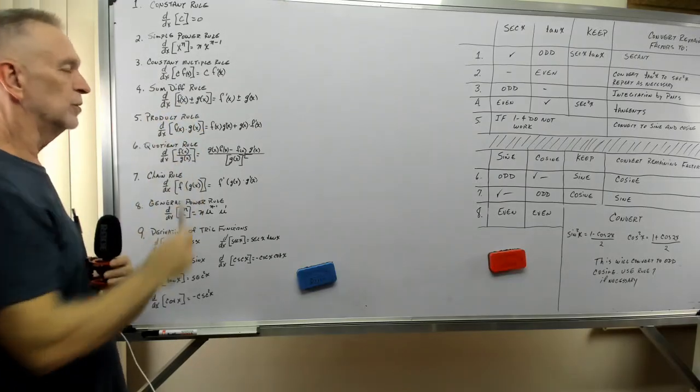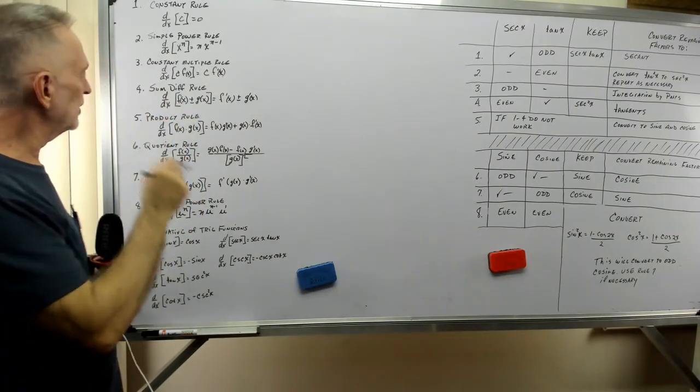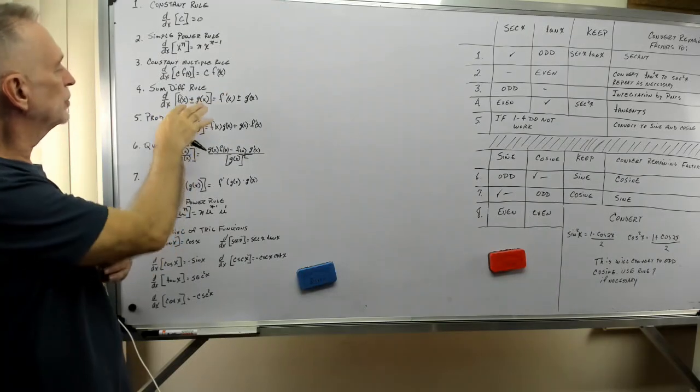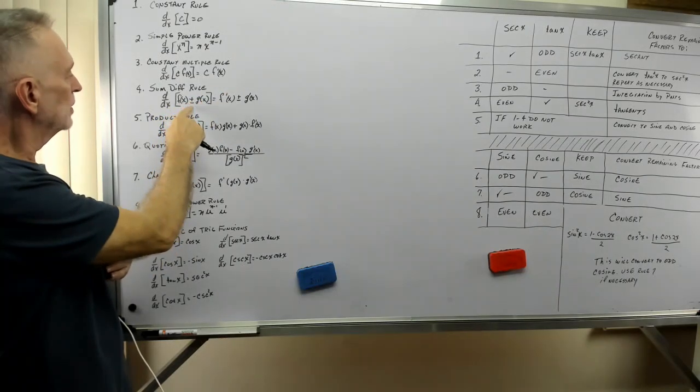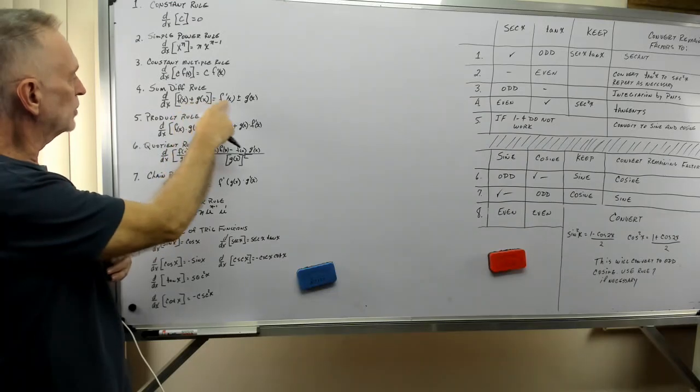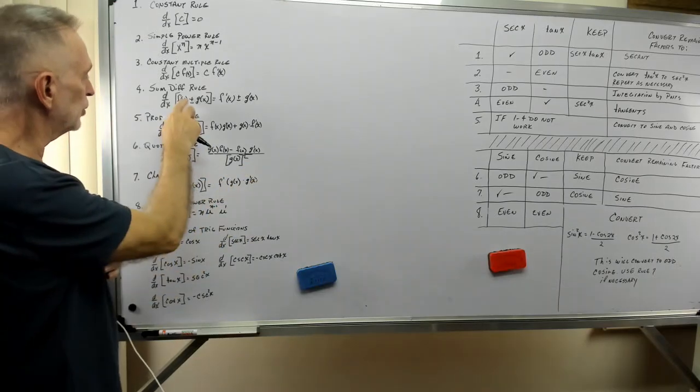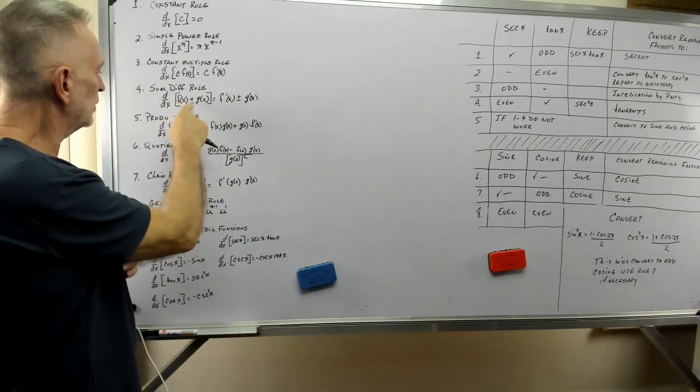Sum difference rule. This basically is saying, if I have two functions, f of x, and you notice I put plus or minus here, but let's say it's a sum rule for the moment. I'm just dealing with the plus sign.